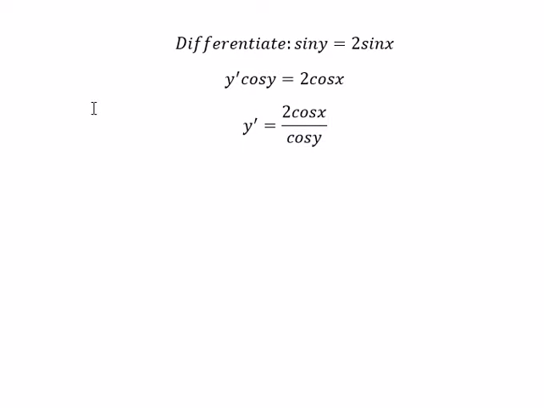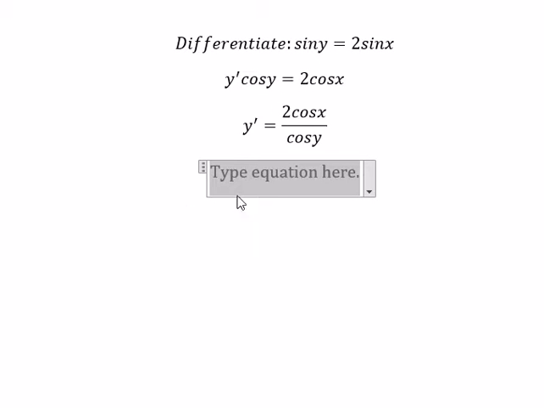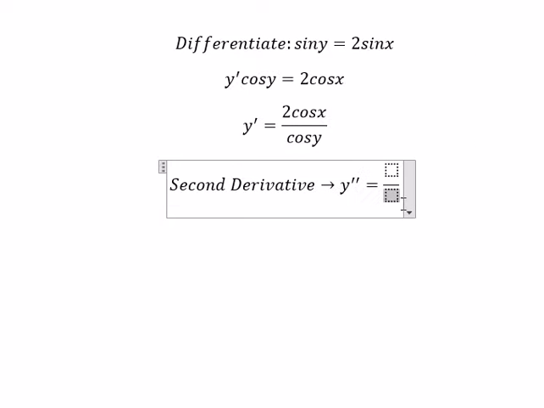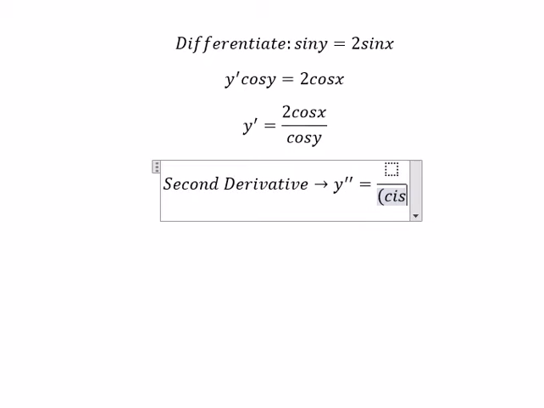Now, if we do the second derivative of the function, so we put the second derivative, and this one we get cosine y to the power of 2.